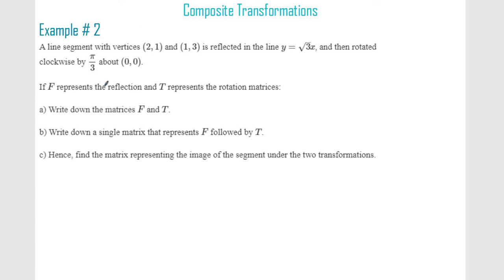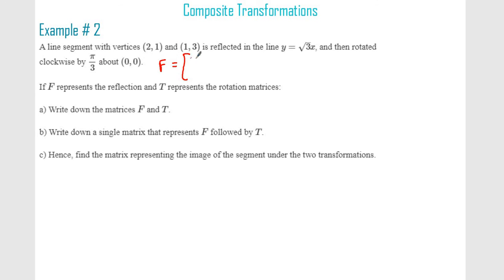Okay. Now, let's see. We want to write down the reflection matrix and the rotation matrix. So let's do F is the reflection matrix. We're doing that with it being 60 degrees, or pi over 3, and around the origin.